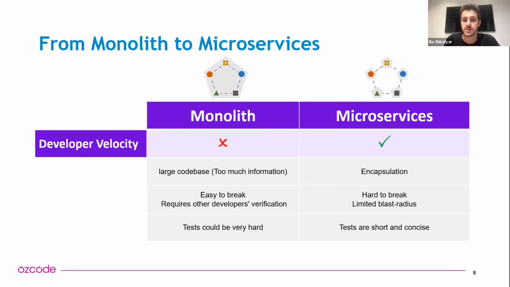So this is really a metric that needs to be considered. And when you talk about microservices, the idea of microservices is having little blocks of logic that are encapsulated and have only their specific logic there.